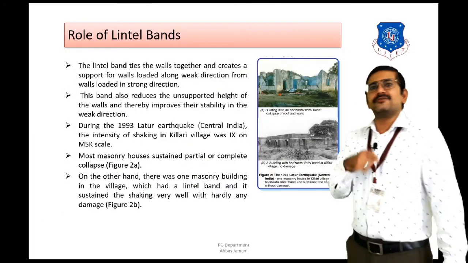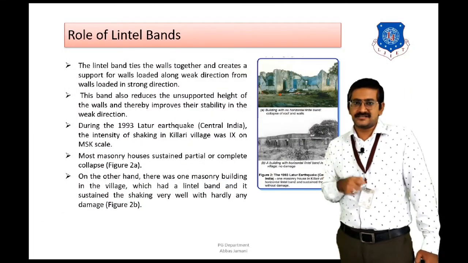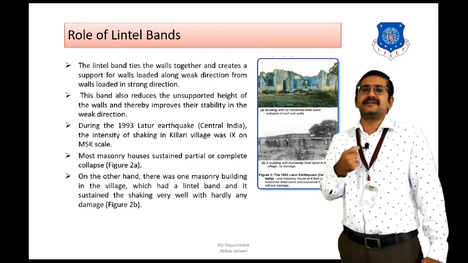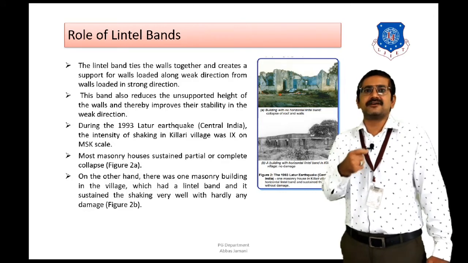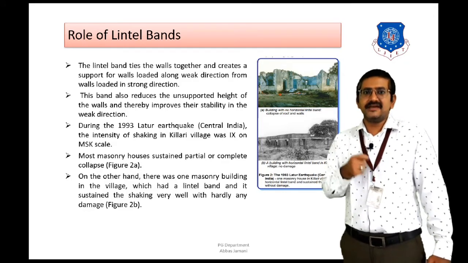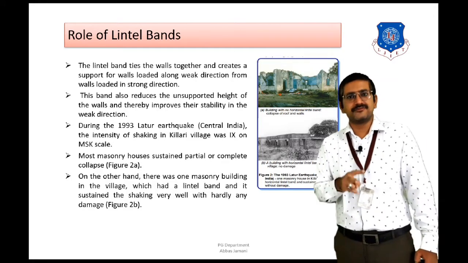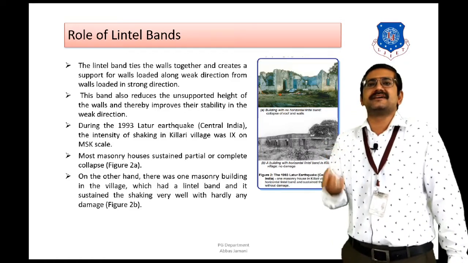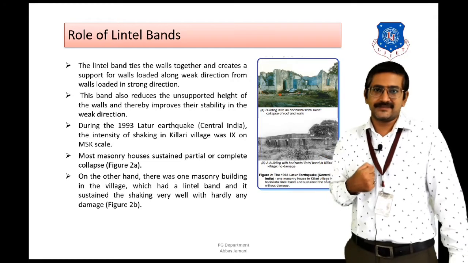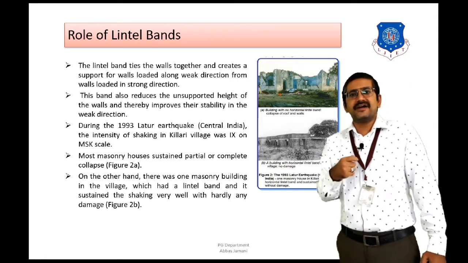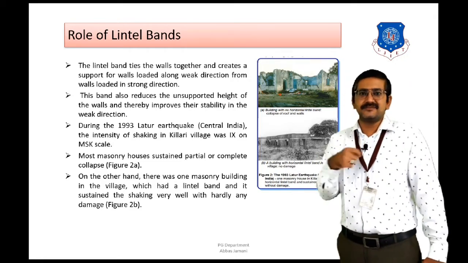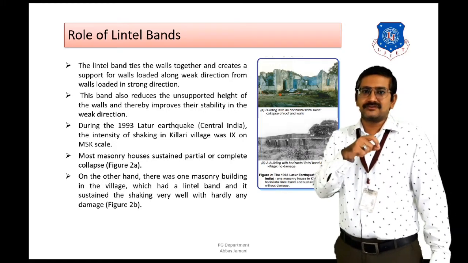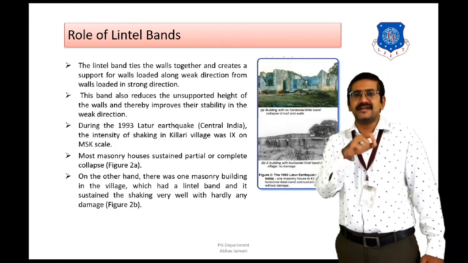Right, now we try to understand the role of the lintel bands. Now, as we have discussed in the earlier lectures, when we talk about masonry building, then basically we are talking about load bearing structures. And in case of load bearing structures, two components are there, or two definitions we have seen. First is the out of plane bending, and second is known as in plane bending, right? So what is going to happen is that whenever these lintel bands, or these horizontal bands, will be provided, then it will try to connect all the four corners of the building together, right?